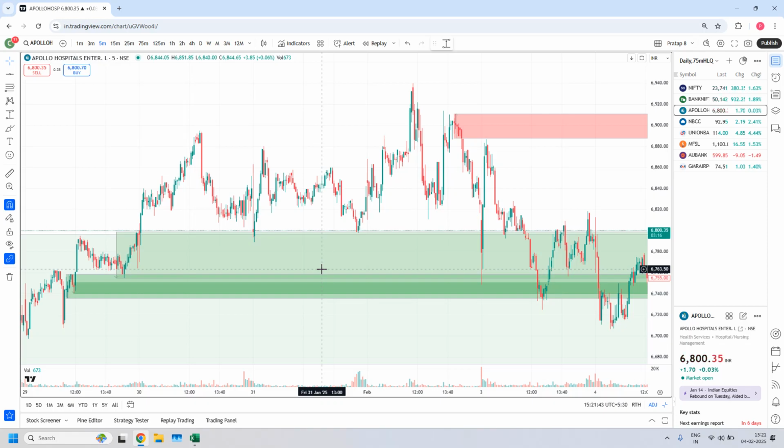Now you need to understand the difference. In the lesson 21.3 HLQ zone strategy video, I clearly explained, don't take trades if the zone is not listed by the software. HLQ zones are valid only for the next trading session.